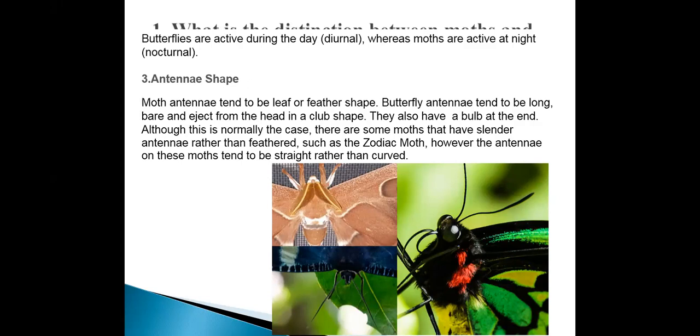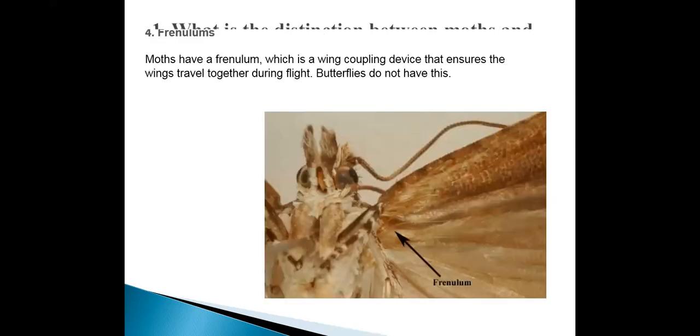So these two things you can identify when you catch the insect. For a moth, the antenna will be spear shaped and sharp, and the butterfly antenna will be long, thin, and have a bulb shape.